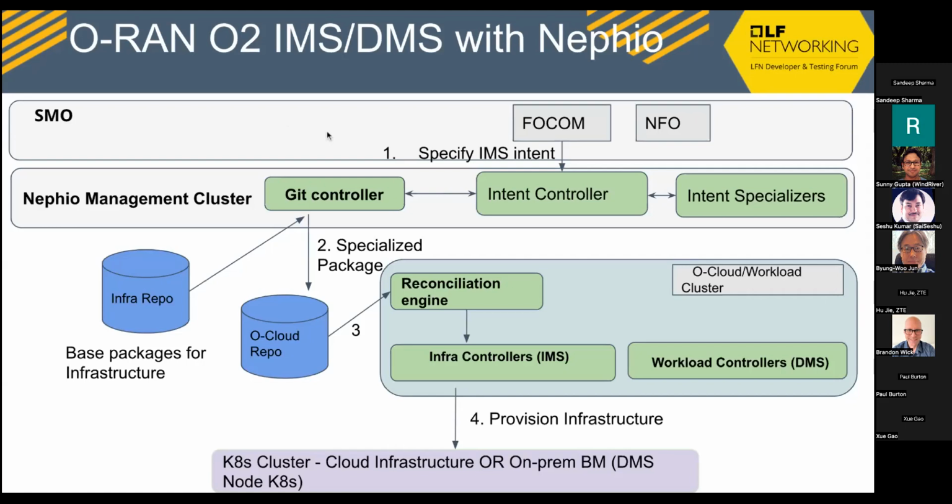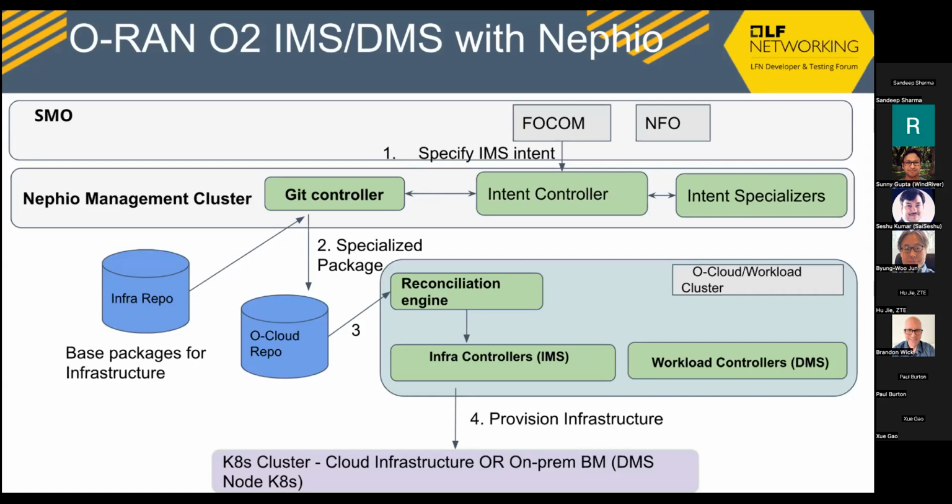FOCOM API. So Nephio basically exposes... In Nephio, for the automation of either workload infrastructure or day-N configuration, the user is supposed to provide high level intent, and that high level intent is reconciled by the Nephio intent controllers.